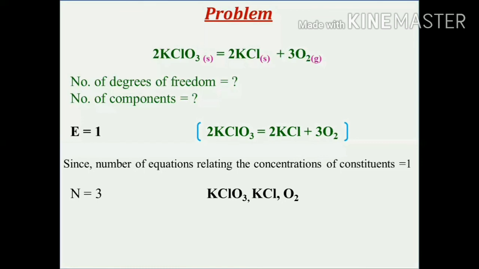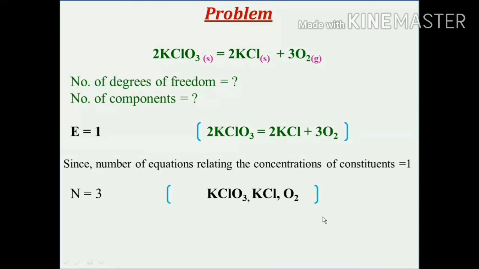Now the next step is to determine the number of species present in the system. That's also simple, because no dissociation is taking place and no association is possible. So we have KClO3, we have KCl, and we have O2. That's simple.